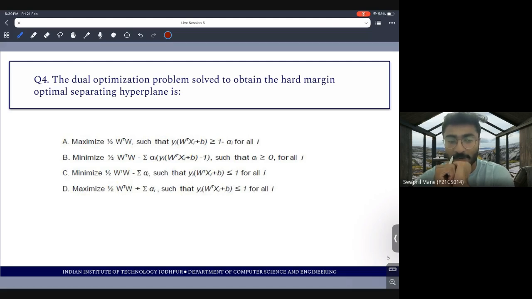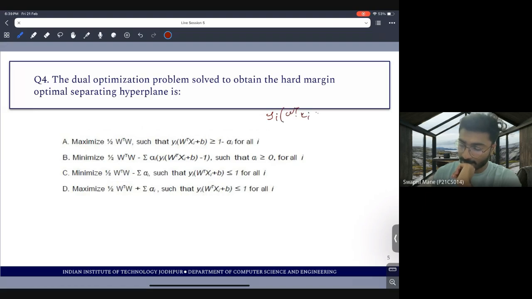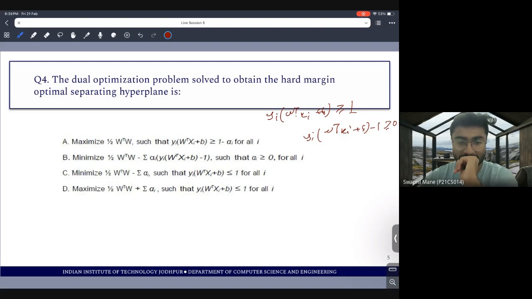While introducing the alpha value, we took yi into w transpose into xi plus b greater than or equal to 1, shifted the one here and compared it with 0, and then introduced a Lagrange's multiplier, that is alpha.